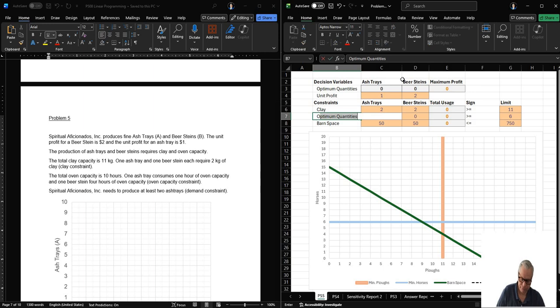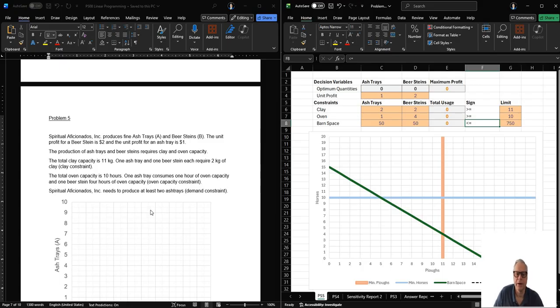Then we have an oven constraint, and the oven constraint is an ashtray requires 1 hour and a beer stein 4 hours, and we have a total of 10.